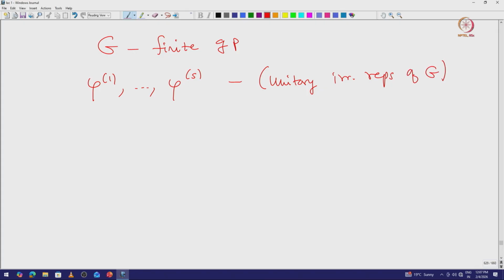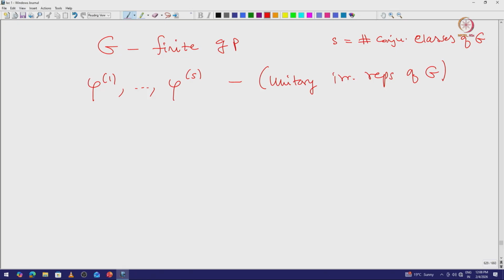So, that means they are unique representatives from the equivalence classes of irreducible representations of G. In particular, we know that s is nothing but the number of conjugacy classes of G, which is exactly the dimension of the center of CG.